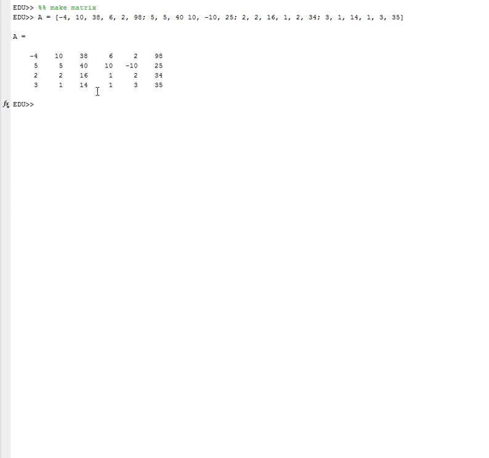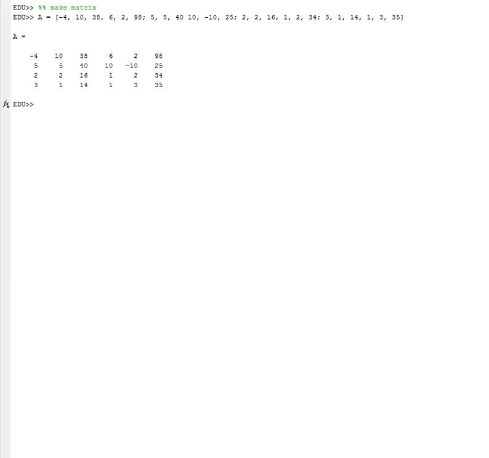If the first entry is 0, then we should look at a different row that has a non-zero first entry, because that will have to go above the row that contains a 0 as its first entry in order to satisfy the properties of reduced row echelon.